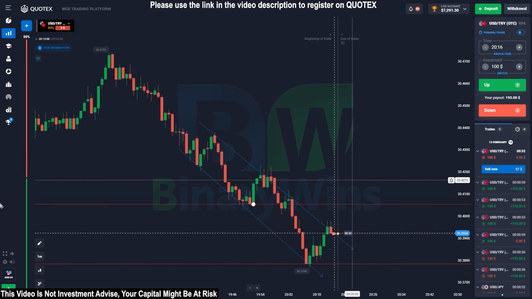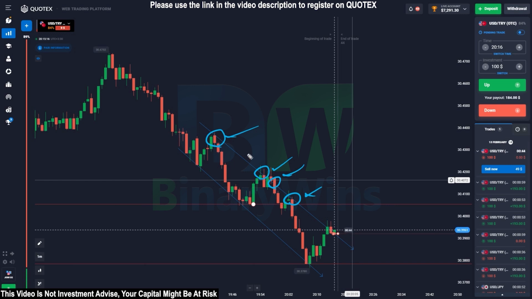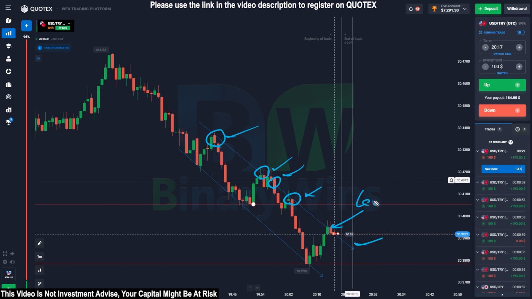Okay? If you look at in the past, candles have continued their downward movement many times after hitting this trend line. For this reason, due to the reformation of the red candle on this trend line and the possibility of imitating the past behavior of the candles, I entered the lower trade.